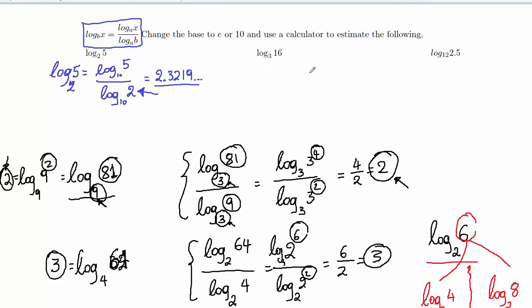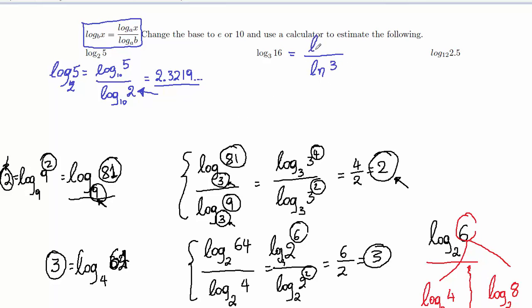Let's do the following problem right here, using the base again. Now let's do it with ln. We'll change base, but the new base will be e. Okay, so what's the denominator? Start with the denominator so you always remember. The denominator will be the new base, so base e right here, of the old base.